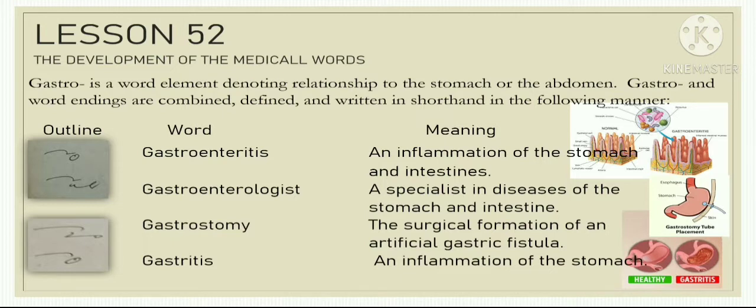The next is gastroenterologist, a specialist in diseases of the stomach and intestines. Gastrostomy is the surgical formation of an artificial gastric fistula. The next is gastritis, an inflammation of the stomach.